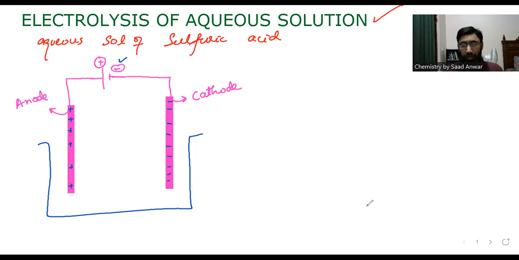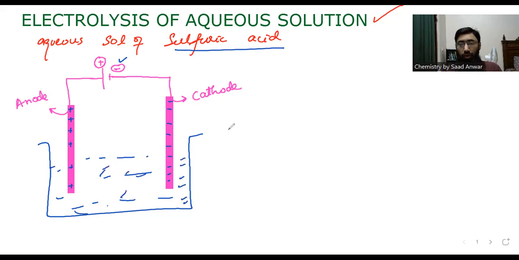Now the situation is, we have an aqueous solution of sulfuric acid. First of all, just try to understand how many different types of ions there are in the solution. The solution contains ions, positive and negative species, and it has a lot of water as well.